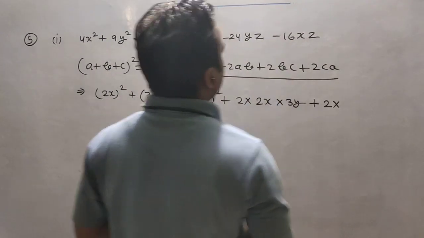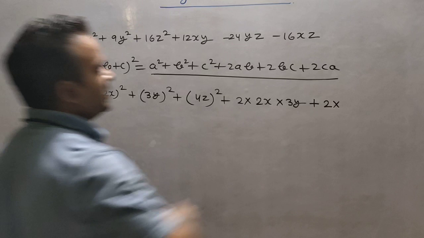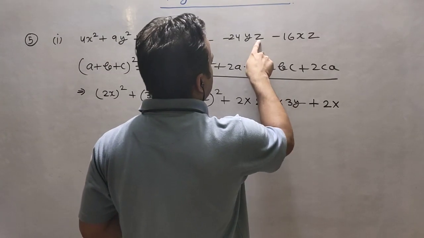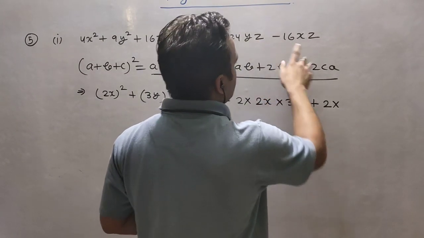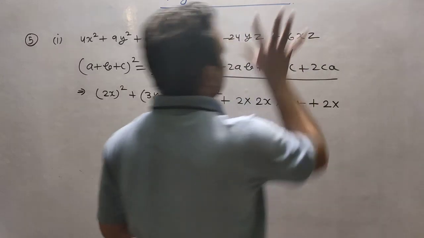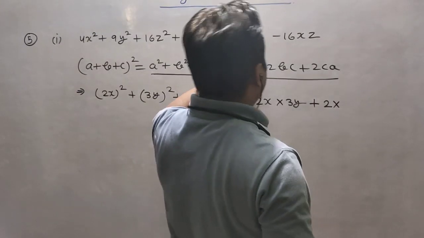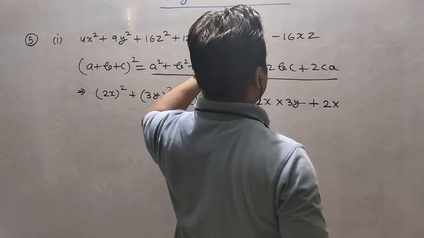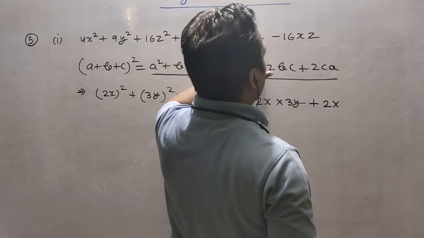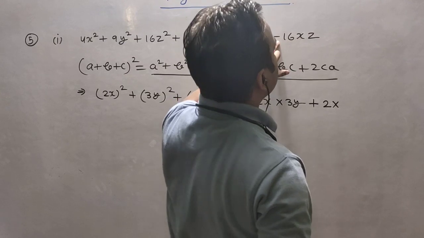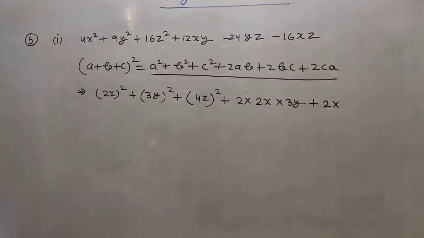This next term is also coming minus. But here if you see, z is here and z is here. So this z is responsible for this minus, not x and y. Because if y is responsible for minus and z is not, it should be positive here, right?